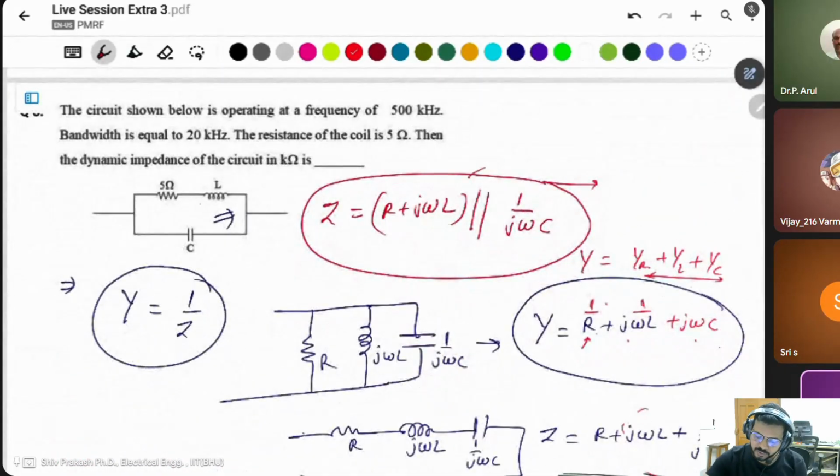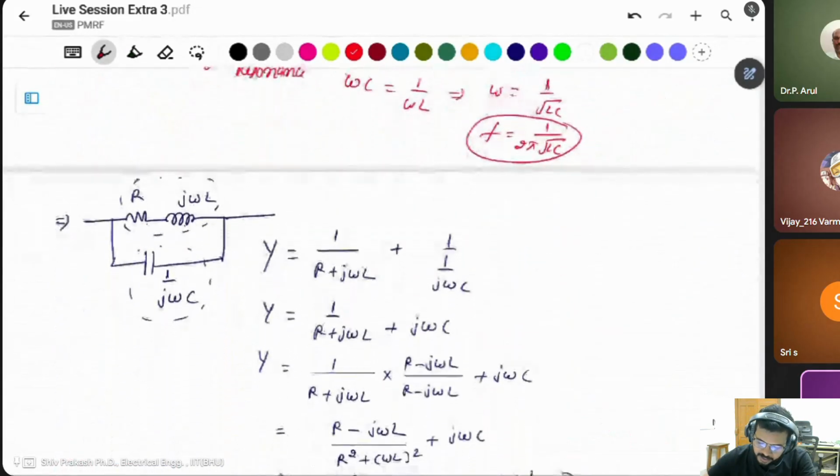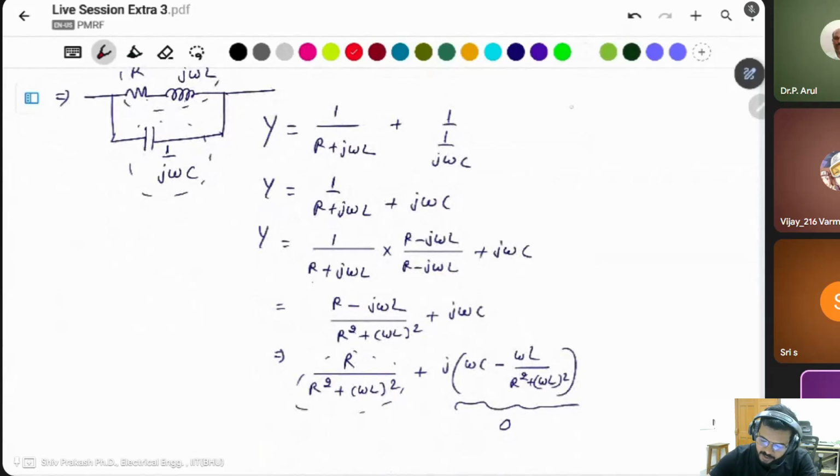If you take the impedance, it will take a long time and many steps to find the resonance frequency. But in this case, simply use the admittance.